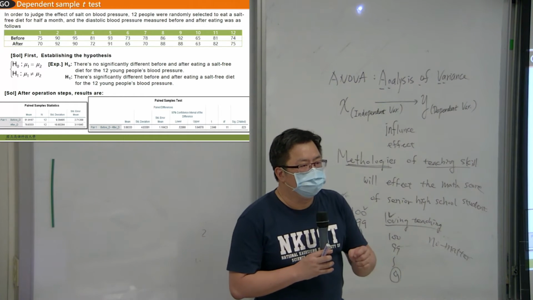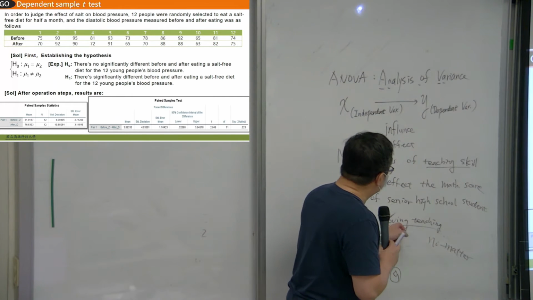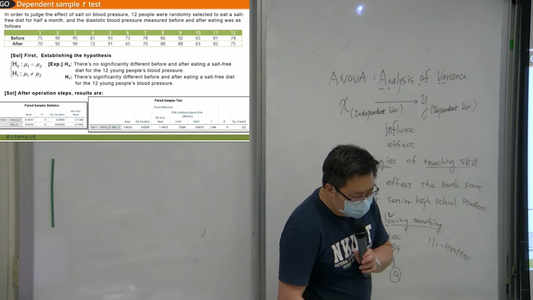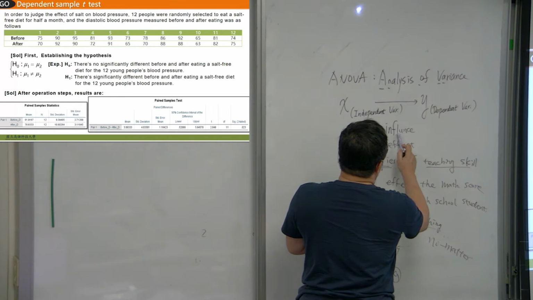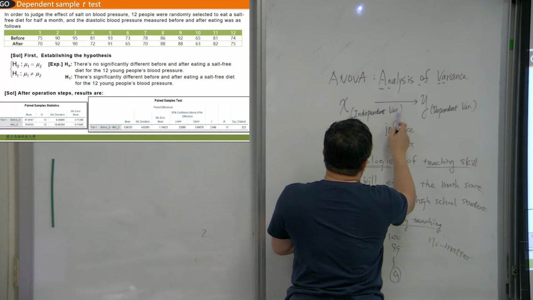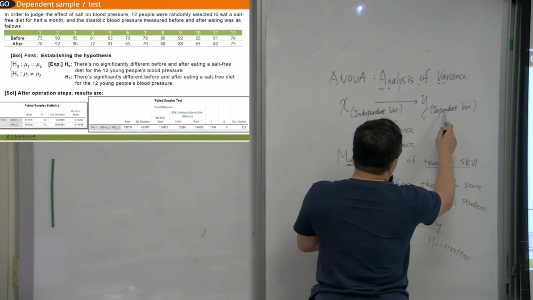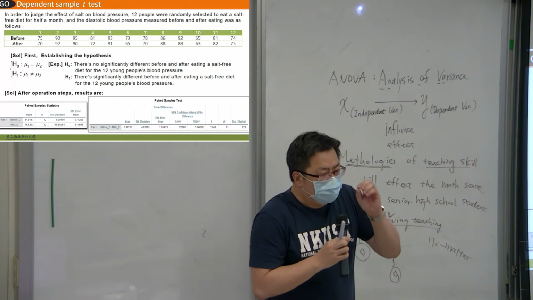If you want to compare 1, 2, 3, this is teaching skill. Teaching skill will influence your score. Teaching skill is the independent variable. Your score is the dependent variable, right? Okay.